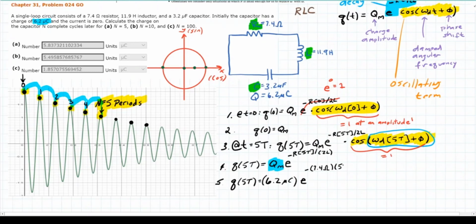So I'm just going to leave it as t, all over 2 times L, and for me, L is 11.9 henries. There. Okay, so things were going pretty good, except what do I put for T?